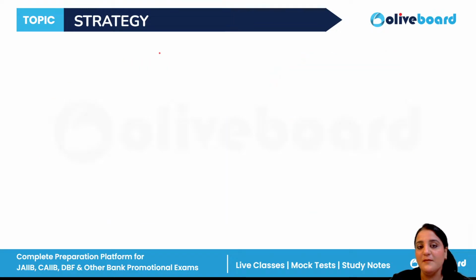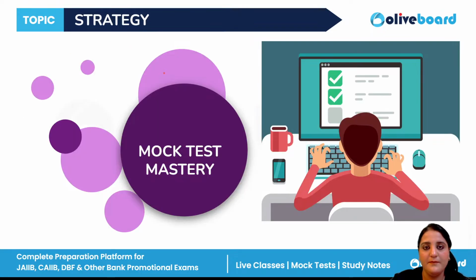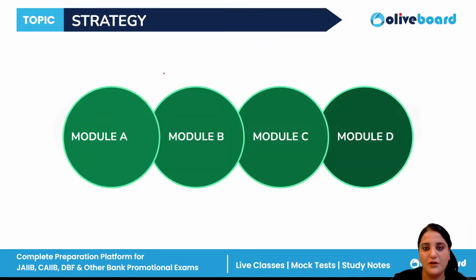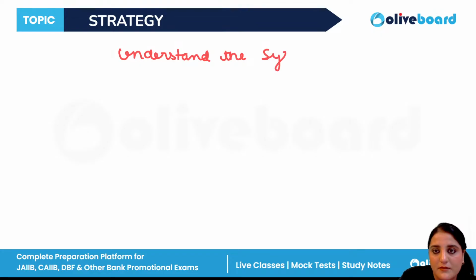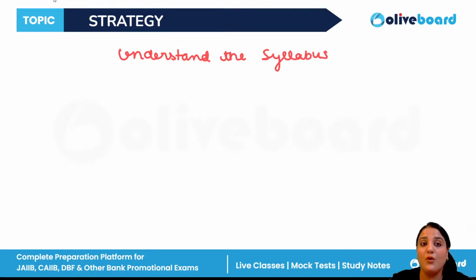So first, I am telling you one thing for the strategy, what you can do: understand the syllabus. First thing is just understand the whole syllabus. Then after understanding the whole syllabus, identify the important modules of BFM.